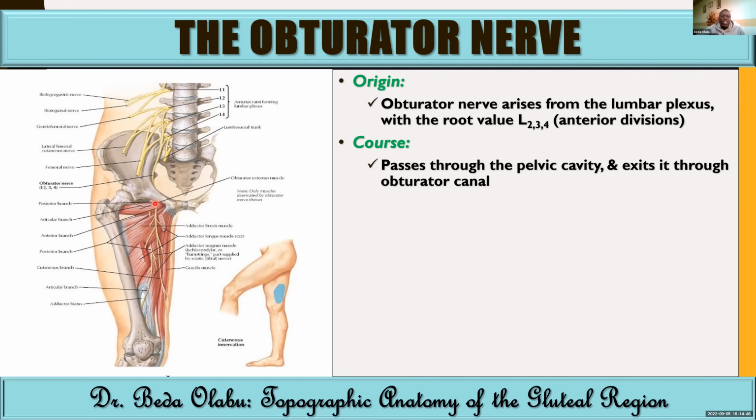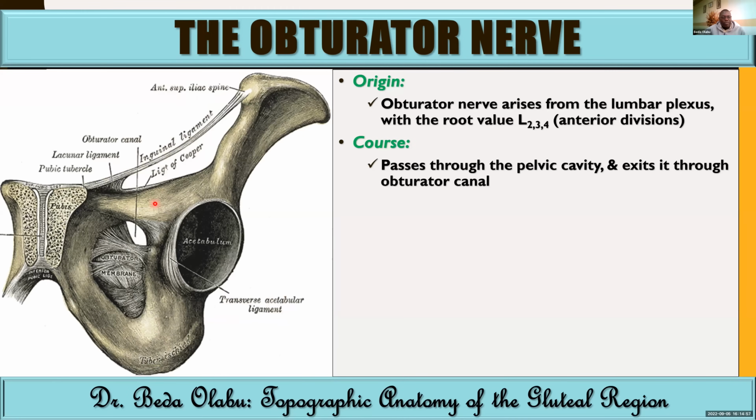Now remember, the obturator canal is an opening in the obturator foramen on the upper part of the membrane. The obturator foramen is covered by the obturator membrane, and above it is the obturator canal for passage of the obturator neurovascular bundle.